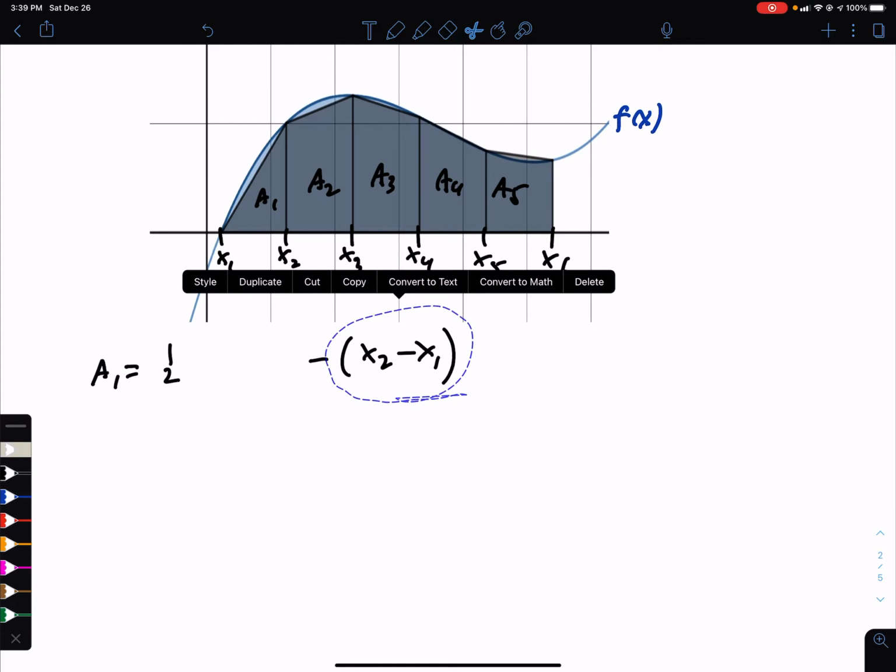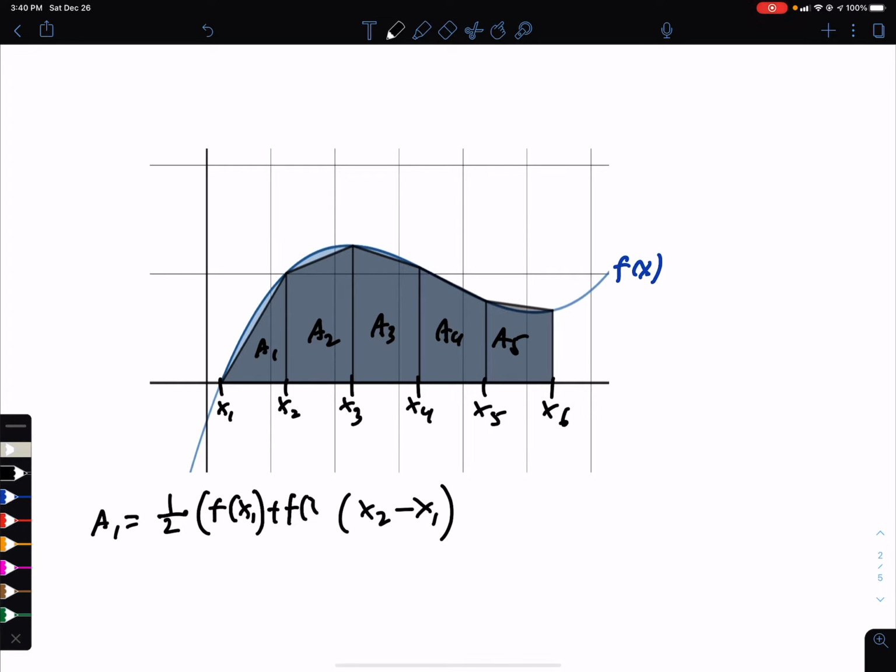The first base is going to be the function's height at x1, and the second base is the y value there, which is the function at x2. So that's f of x2. So this is 1/2 the sum of the bases times the width. Let me be a little more explicit here. This will be B1 plus B2 times delta x.